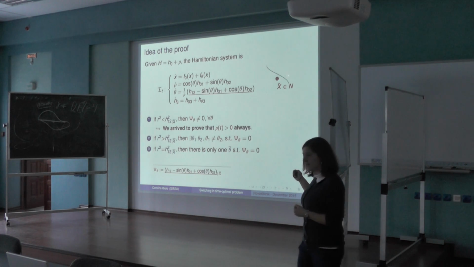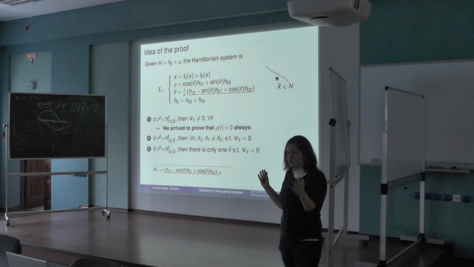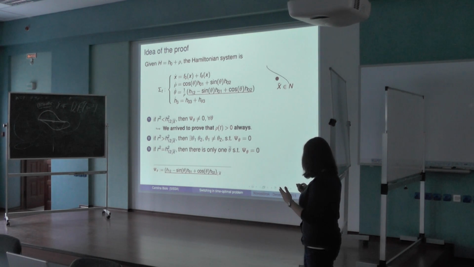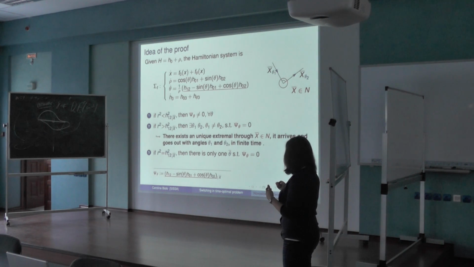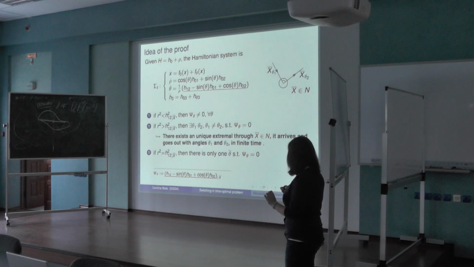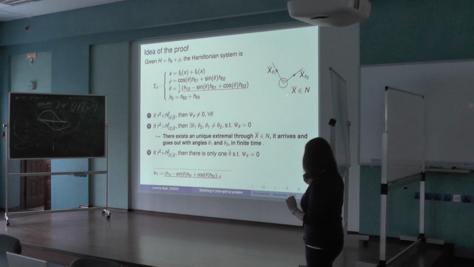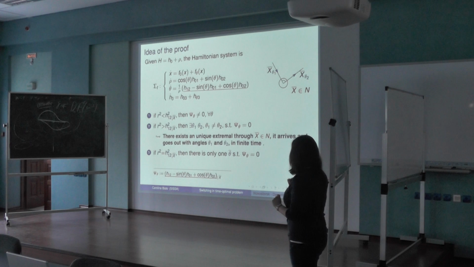Okay, so in this case everything is smooth, and we have seen that in the case where we have two angles, there is exactly one unique extremal through our singular point that arrives in and out with angles theta 1 and theta 2.